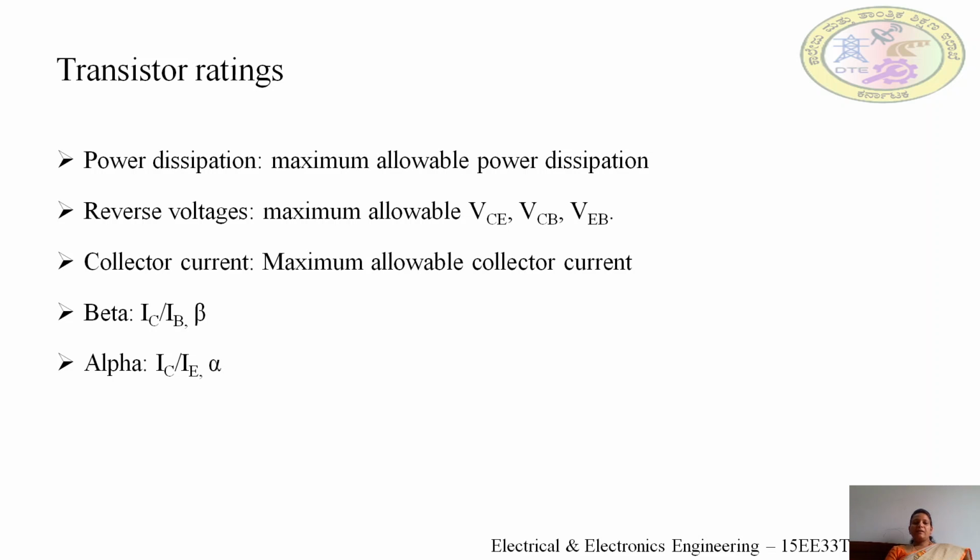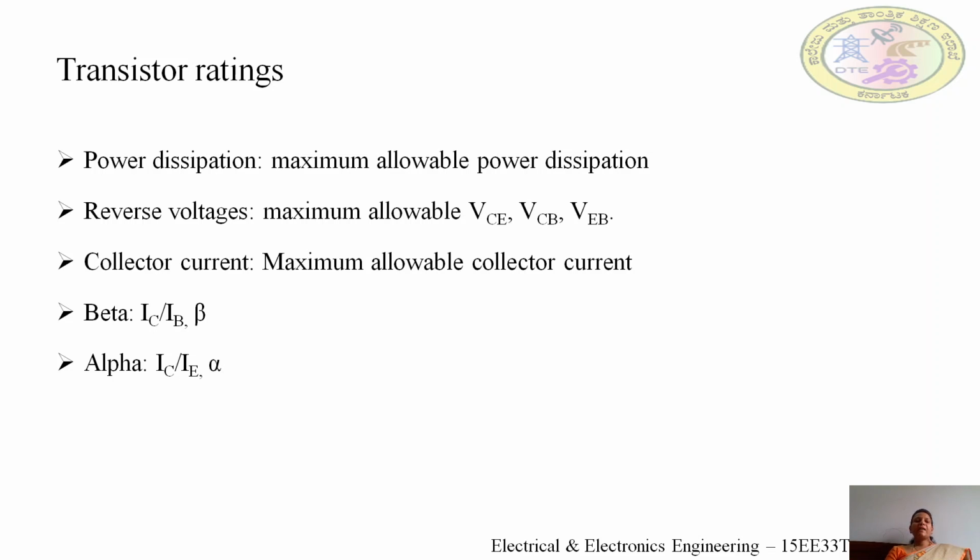In the case of beta, as the base current is very small because it is very lightly doped, the beta value is quite large for a transistor. The beta value ranges between 20 to 500. In alpha, since the emitter current and collector current are almost the same, the alpha value is close to one. It is in the range of 0.9 to 0.99. It is always less than unity.